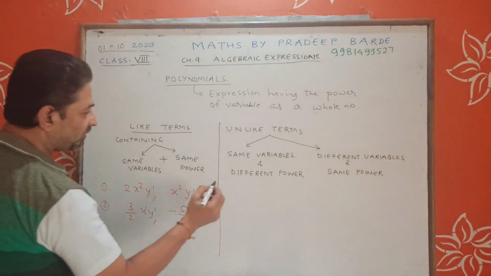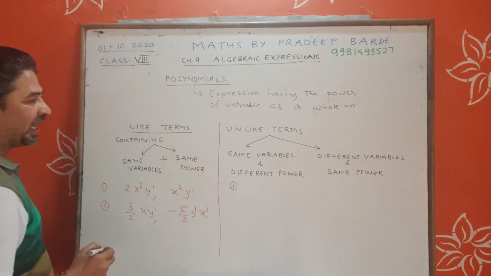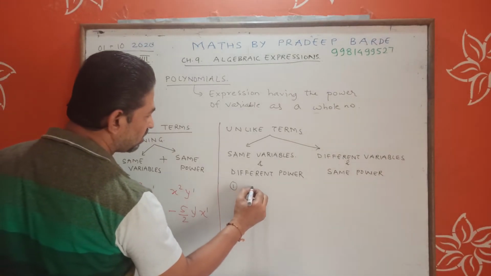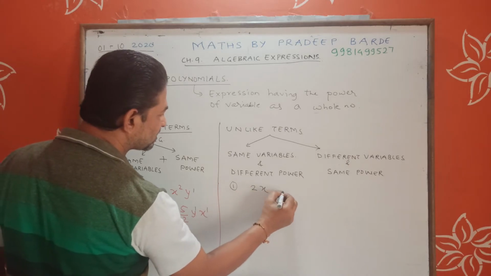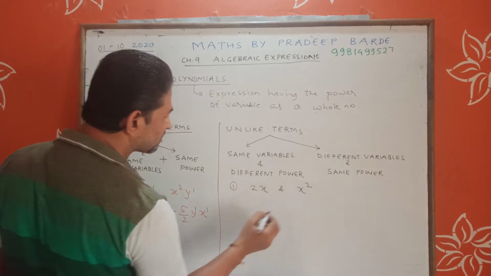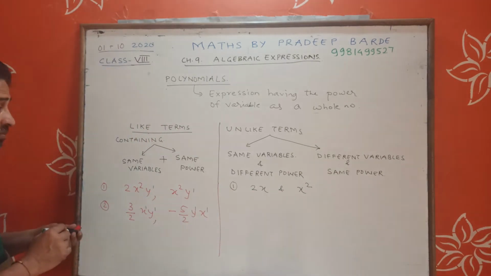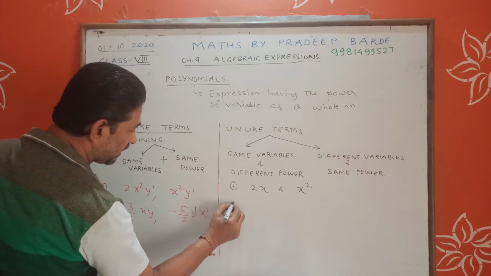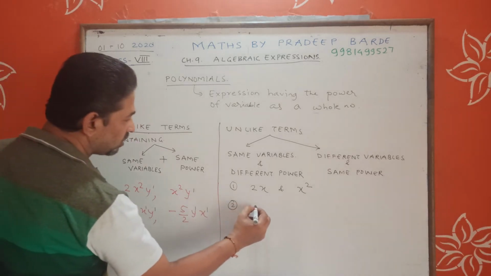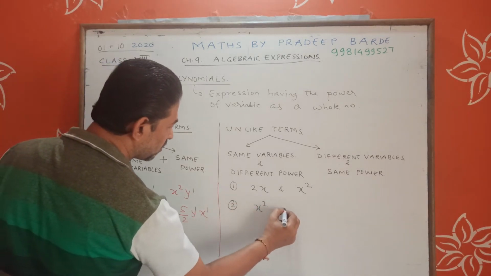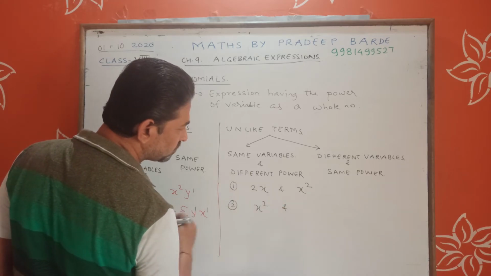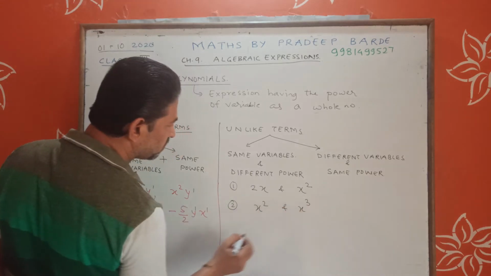But if you have the terms with the same variable, that means 2x and x square, these are unlike terms. Another example you can take, x square and x cube.